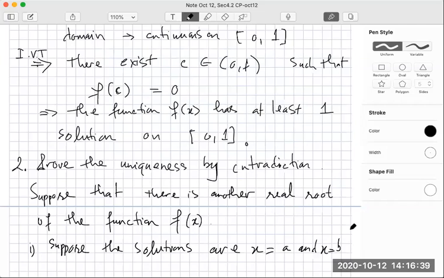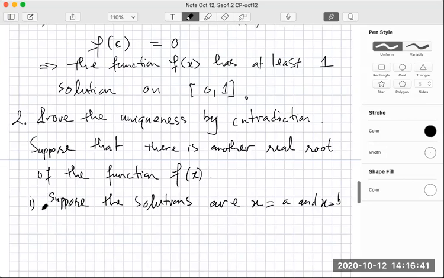If they are solutions, then f(A) should be equal to f(B) and equal to 0.